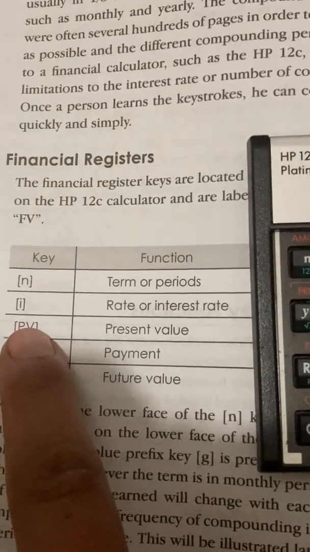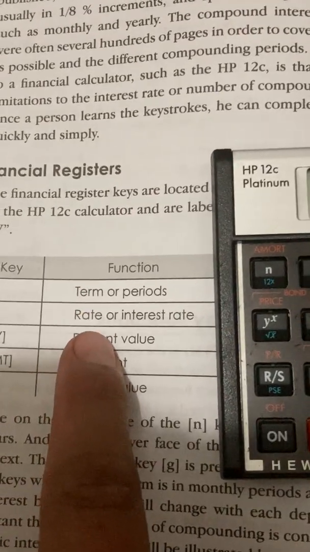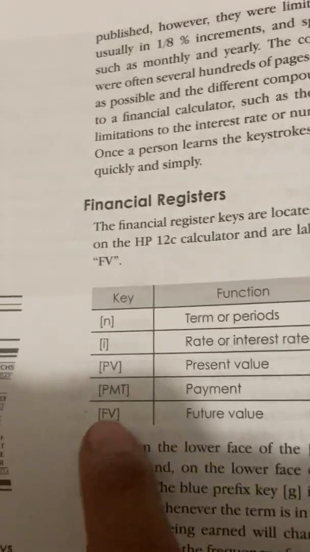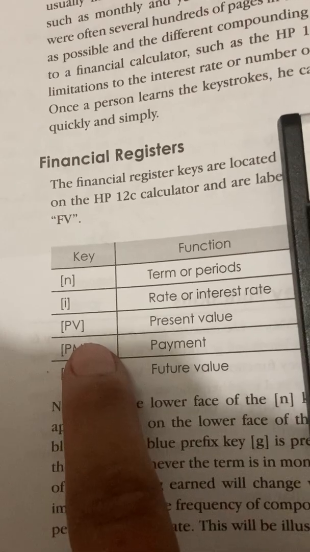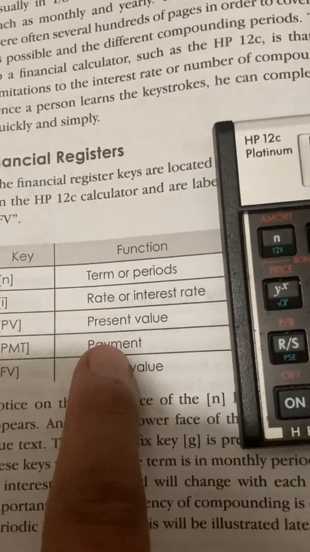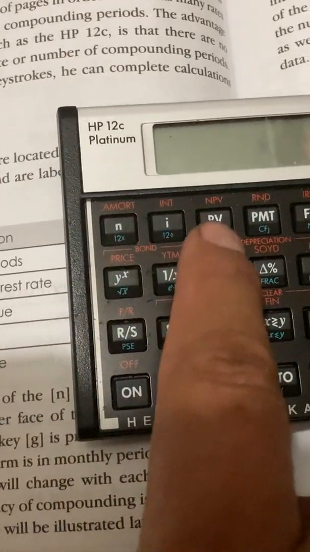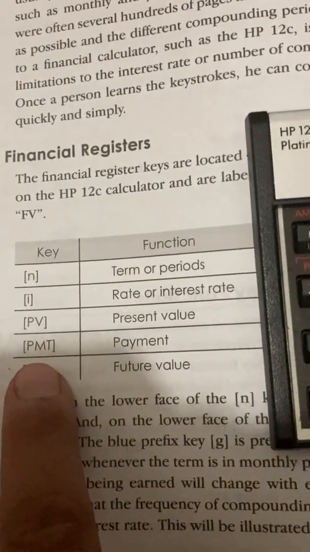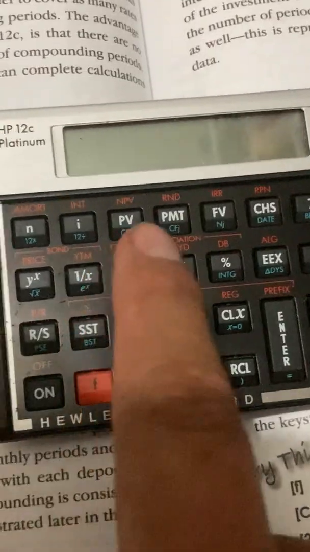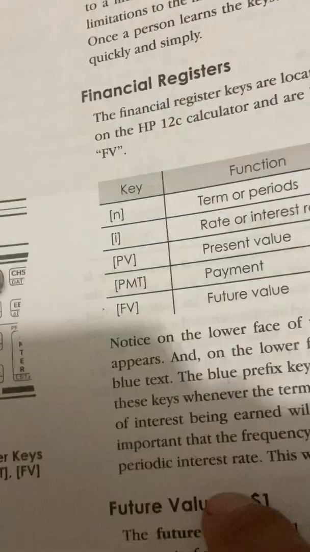The key I's function is for rate or interest rate. The key PV, its function is for present value. The key PMT, its function is for payment. The key FV, its function is future value.